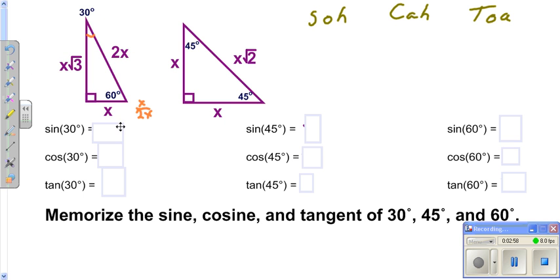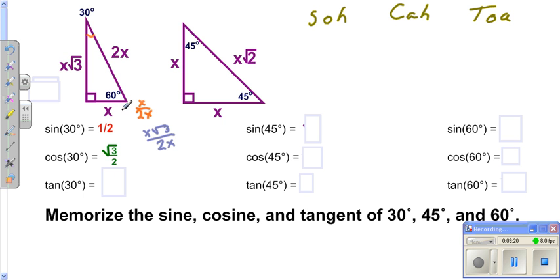And x over 2x reduces down to 1/2. Cosine of 30 degrees. Cosine's adjacent, your x root 3, over your 2x, and the x's drop. And so then we get just a root 3 over 2.